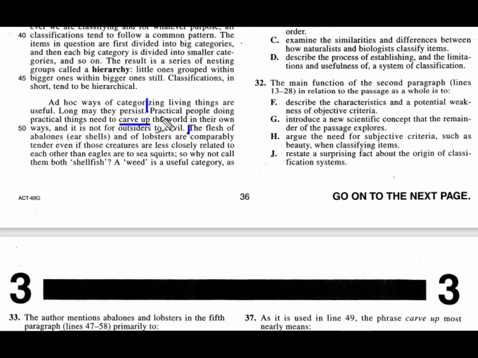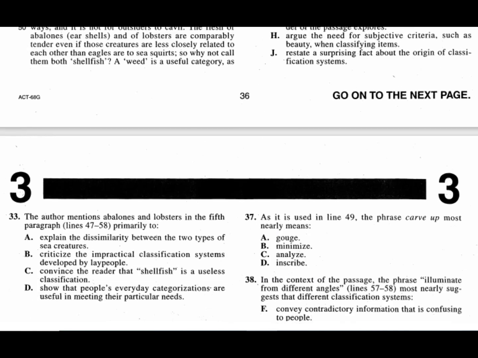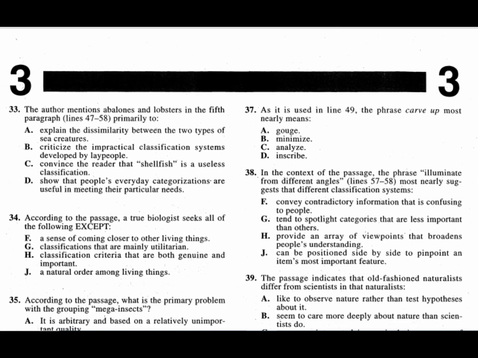All right. Practical people doing practical things need to inscribe the world in their own way. That doesn't make any sense. This is all about vocabulary. And the vocabulary here, if you don't know those words, you just plug it in using the vacuum cleaner. The best answer choice here is going to be answer choice C for problem number 37.